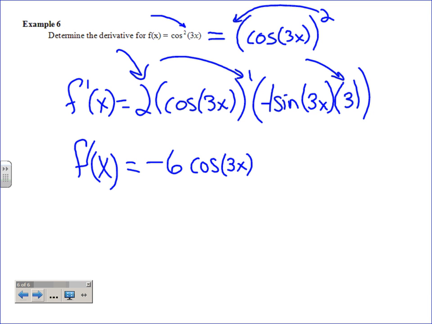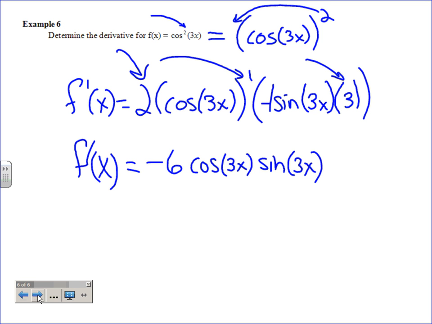Is there any need for any powers on that cosine of 3x? Because really what's understood, you've probably never thought of it this way, but what's really understood to be here? Oh, 1, right? There it is.